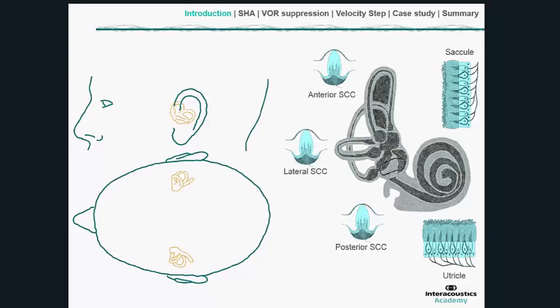The 2 sub-organs on the very right hand side, the saccule and the utricle, provide a sensation of linear acceleration, of tilt, of up and down, a sense of gravity, whereas the 3 semicircular canals, the anterior, the lateral and the posterior, the 3 that are approximately orthogonally orientated relative to one another, provide a sense of angular acceleration.